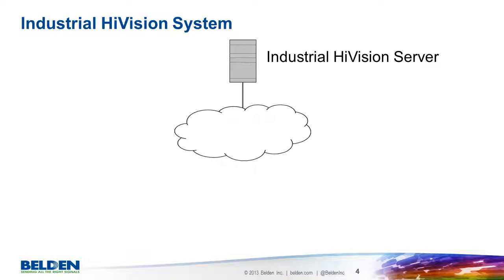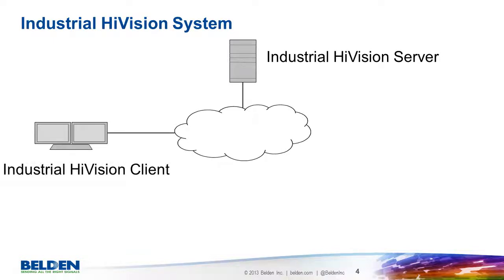The server itself does not have a user interface. This functionality is provided by the Industrial HiVision client. The client can be run locally on the same machine as the server. Alternatively, the client can run on a separate machine. Again, both Windows and Linux versions are available. One server can support multiple clients simultaneously.